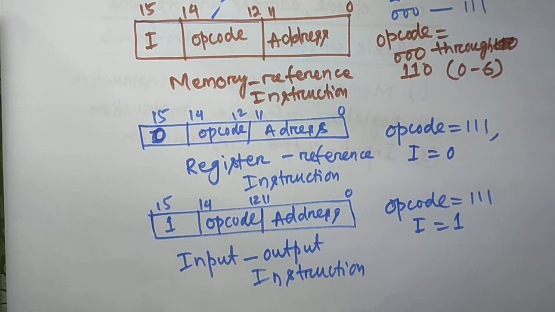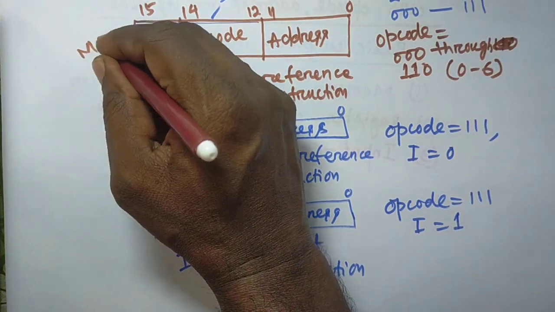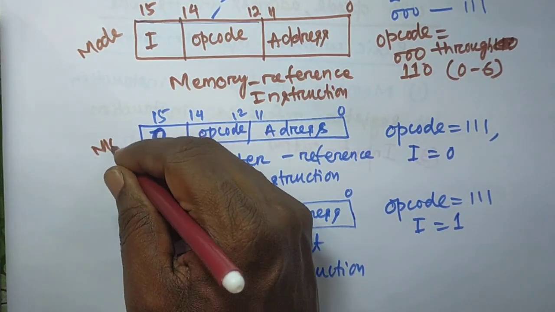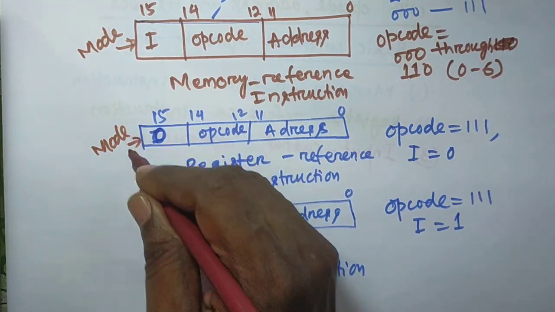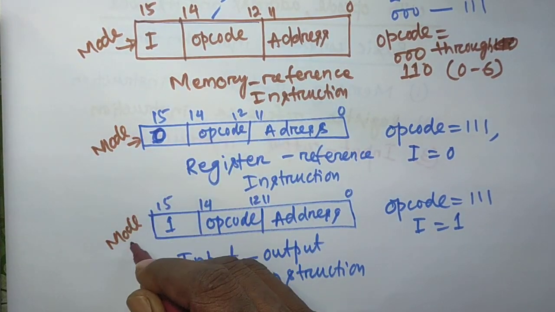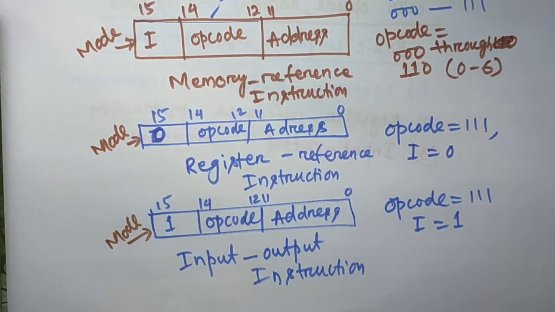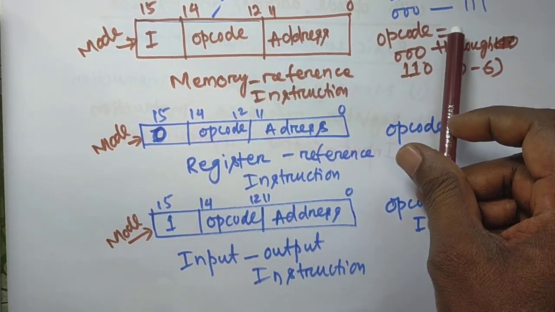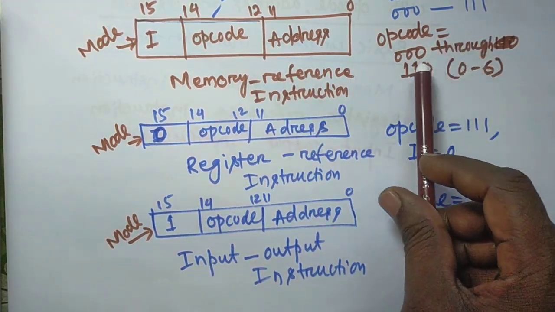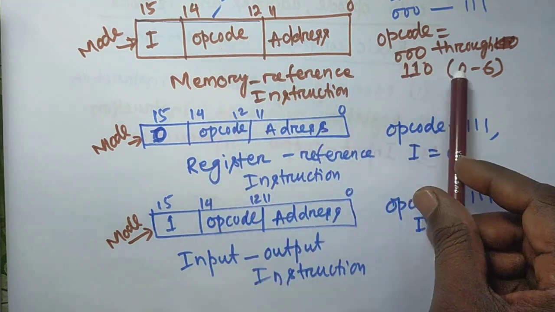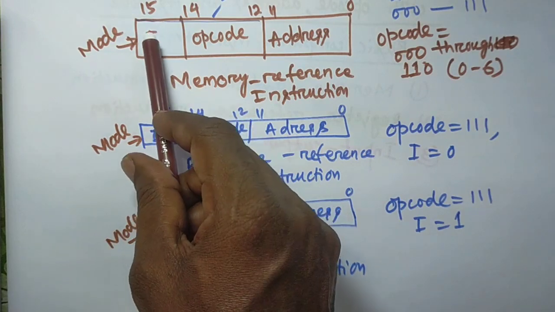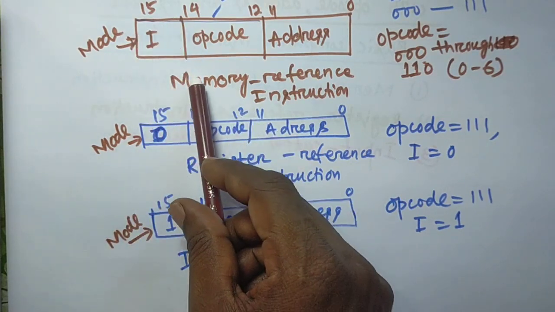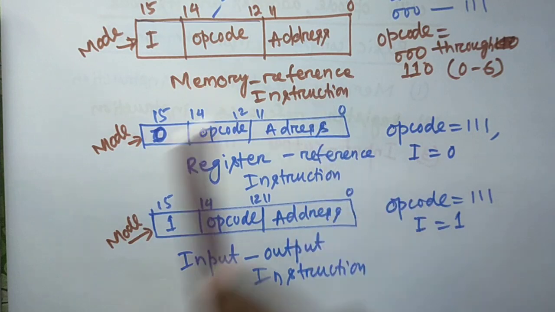This mode part is defined very nicely. This is the mode part, okay. Here also the mode part, this is the mode part for memory reference. If the opcode part is defined 000 to 110, okay, 0 to 6, then the mode part I may be 0, may be 1, and we can call it a memory reference instruction.